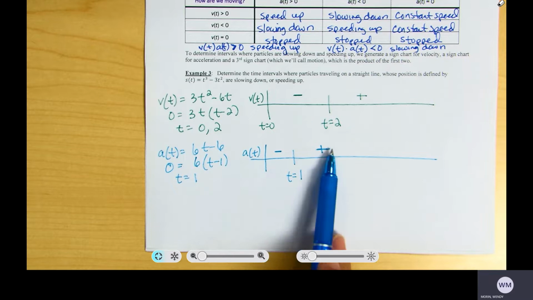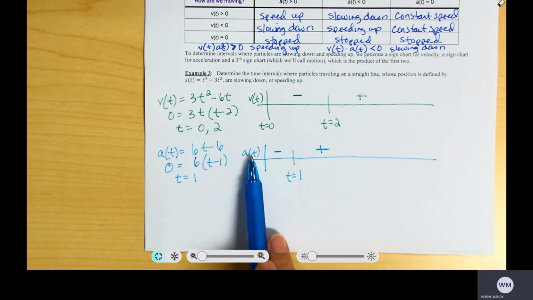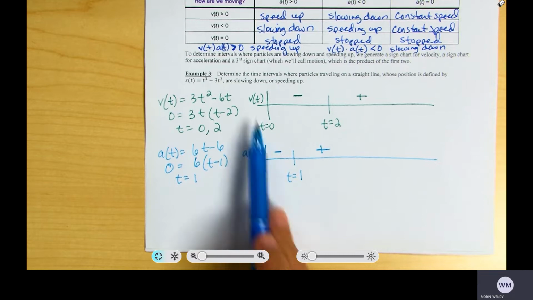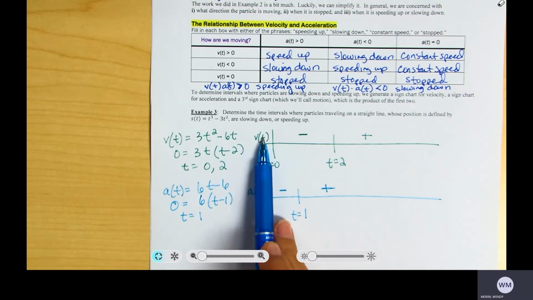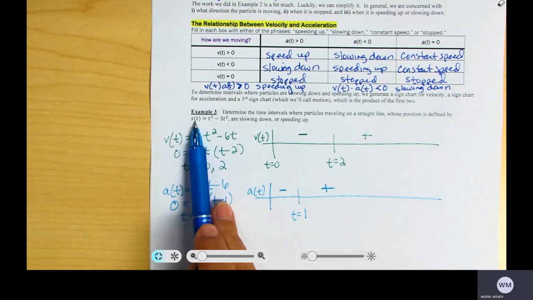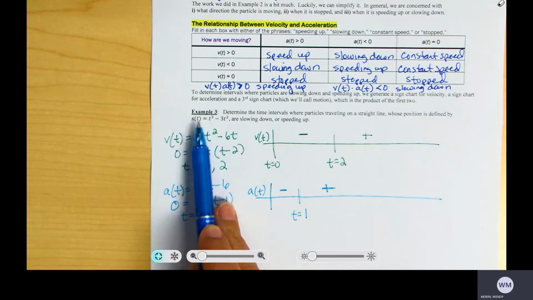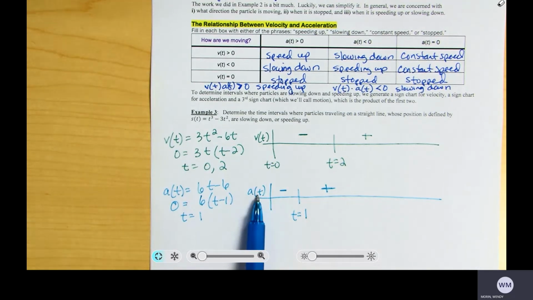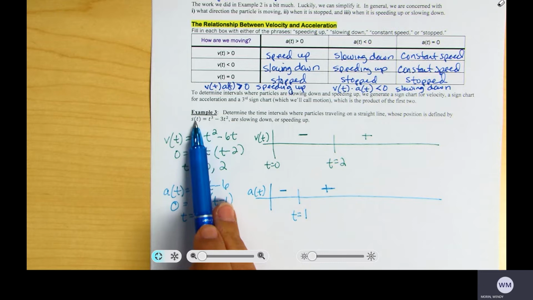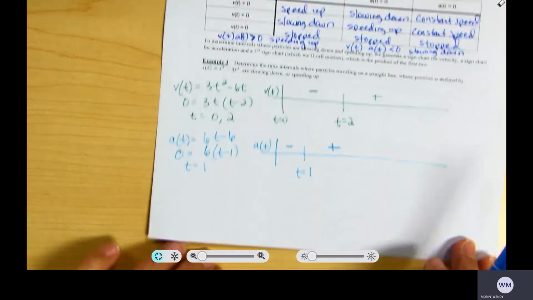My velocity is increasing because my acceleration is positive. So this sign tells you what velocity is doing. This sign tells you what the position is doing. Velocity is the antiderivative of acceleration, and position is the antiderivative of velocity.